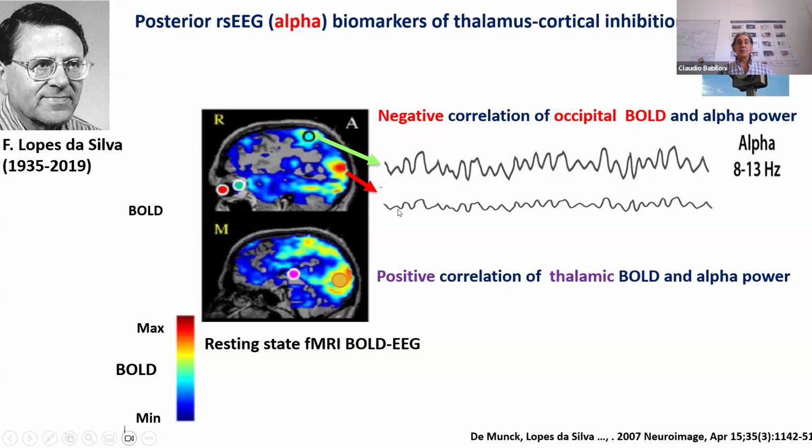So this is another important demonstration from humans that high posterior cortical activity is related to desynchronized alpha rhythms with low amplitude. In contrast, there are ample alpha rhythms in relation to low amplitude of bold signal in the resting state functional magnetic resonance imaging.